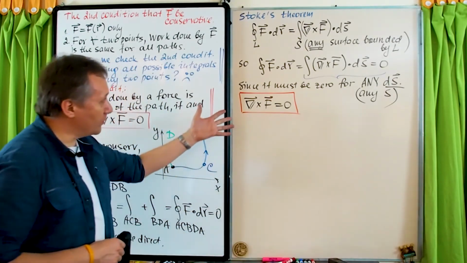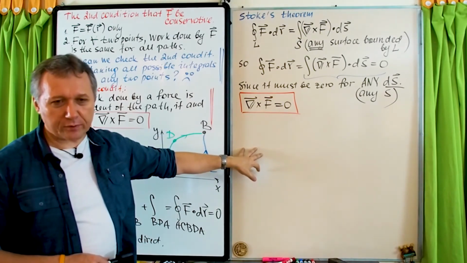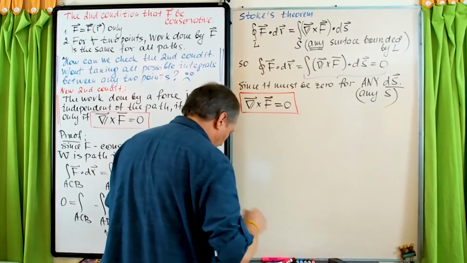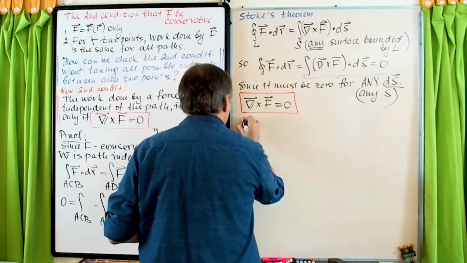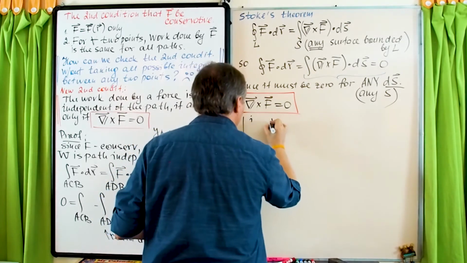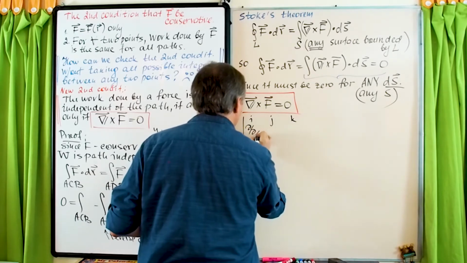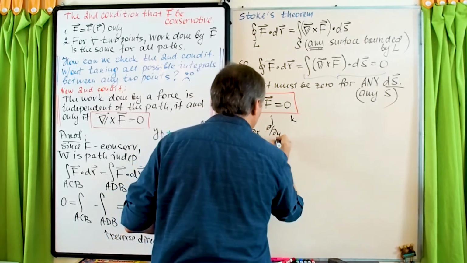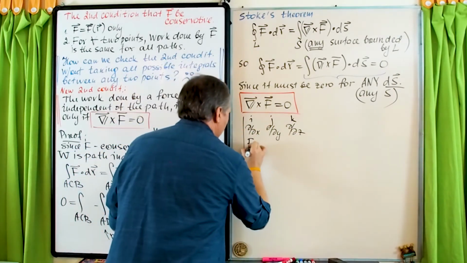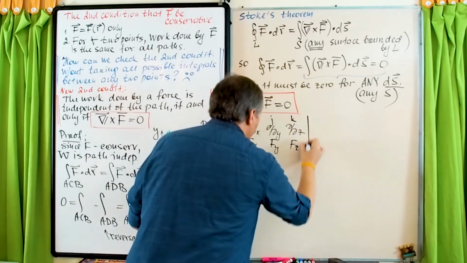Right, but before, since we will need this curl, let me write components. Let me write it in a component form, and then I will use it. All right, of course, we will calculate it using i, j, k, d over dx, d over dy, d over dz, and then, of course, Fx, Fy, Fz.